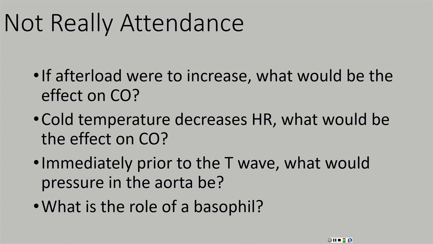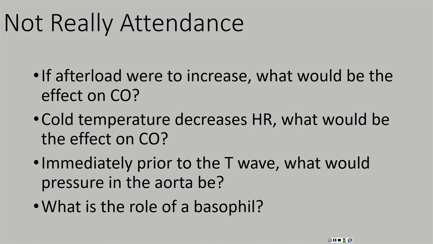Immediately prior to the T wave, what would be the pressure in the aorta? Okay, so first we have to think about what's going on immediately prior to the T wave. So that flat spot in front of the T wave, what's happening there? That's when the ventricle is in systole. That's when the ventricle is contracting.